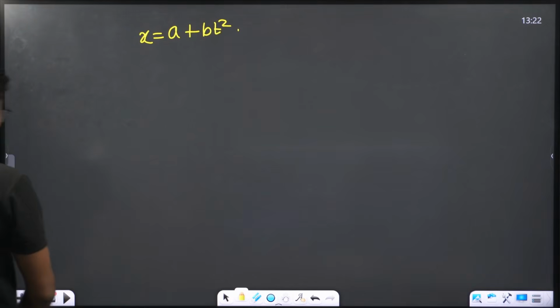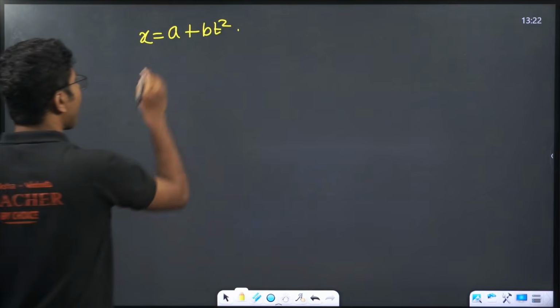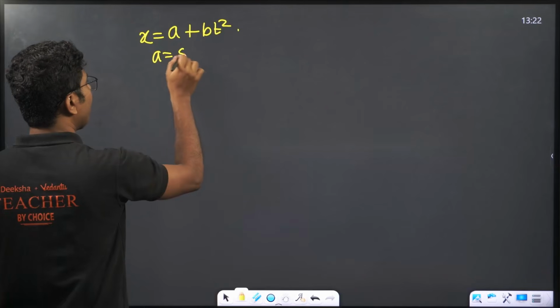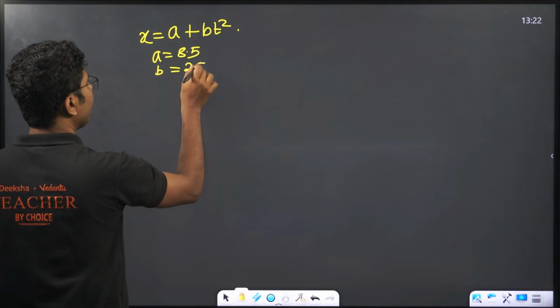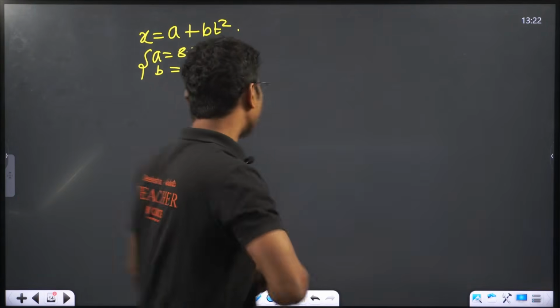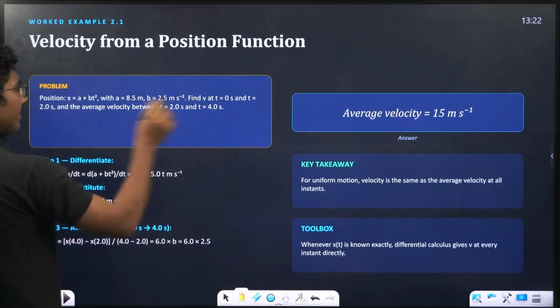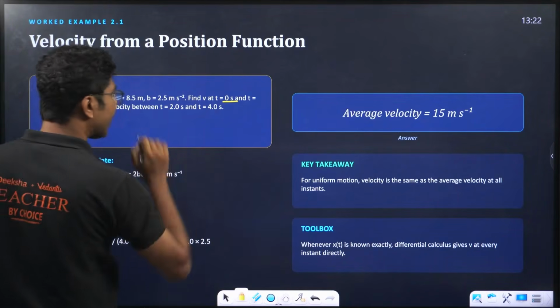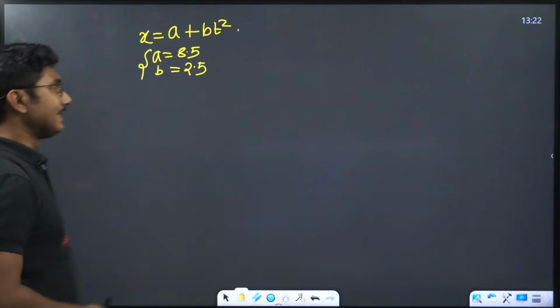I will briefly explain differentiation in this part. The value of a is 8.5 and b is 2.5. These are the values which are given to you. Now they are asking for the velocity at time t equals 0 seconds and t equals 2 seconds. How to find it?